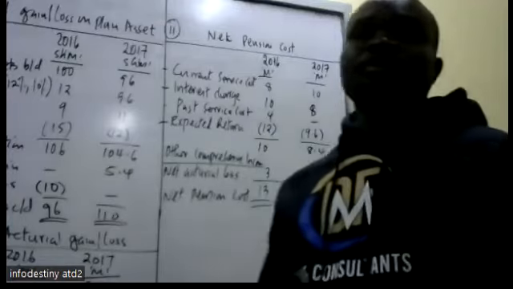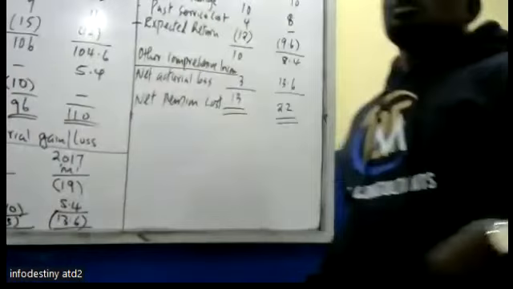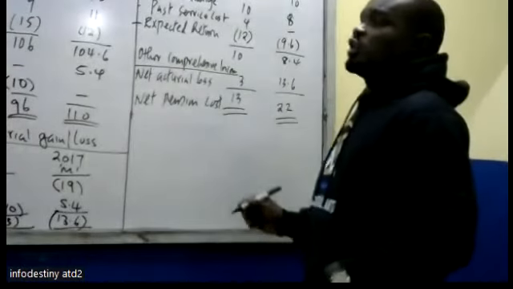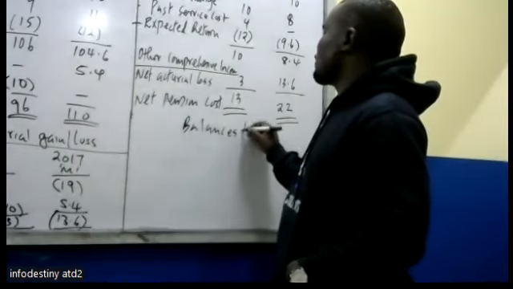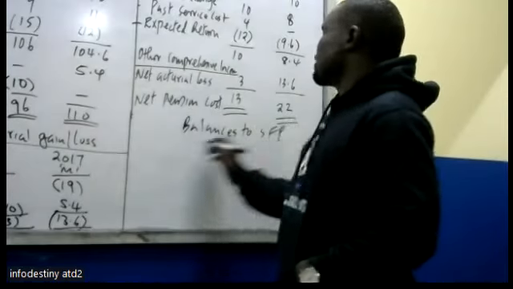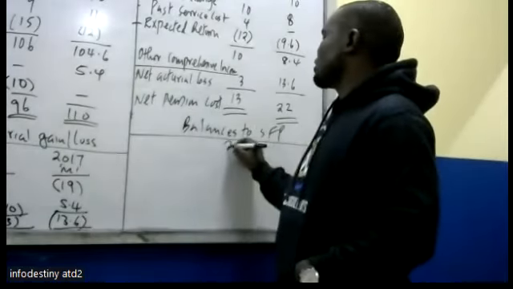Next, they want us to get what? Financial position. So balances, the capital balances to SFP, statement of financial position.